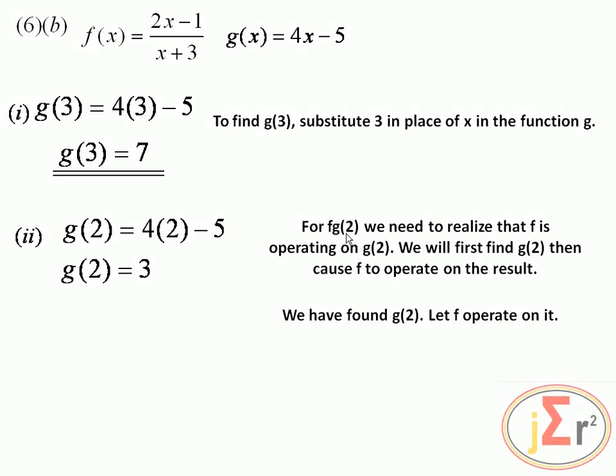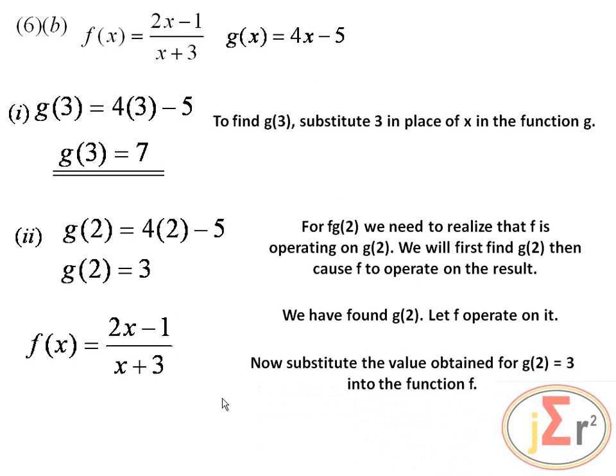f is operating on g of 2. So let us cause f to operate on g of 2, and g of 2 is 3. Let f operate on 3. So f of 3 is equal to 2 times 3 minus 1 over 3 plus 3.